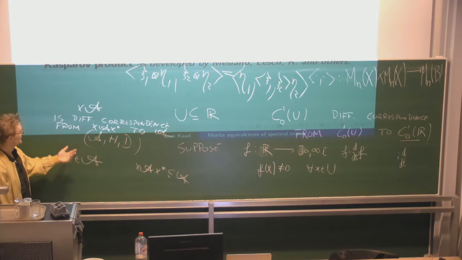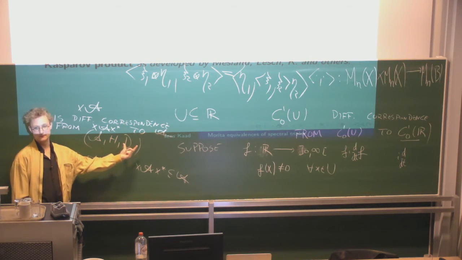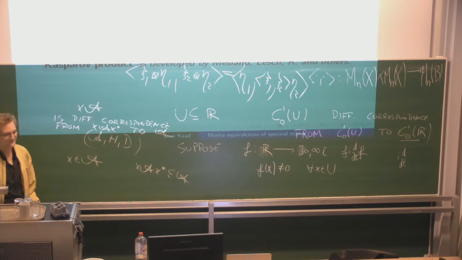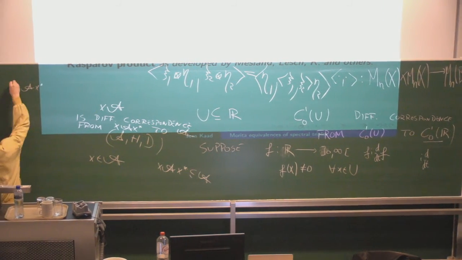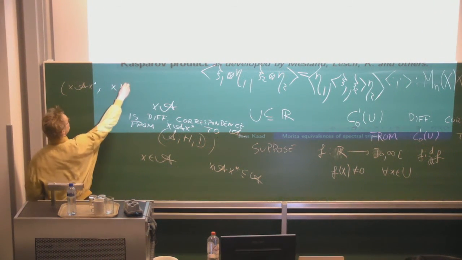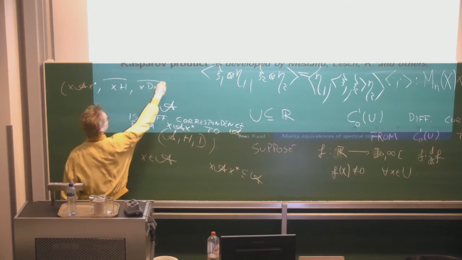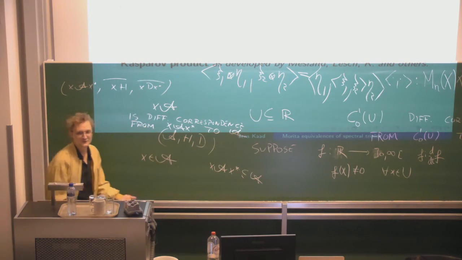The way I do it is that I just multiply D with X from the left and X star from the right. So you get a new one, which is (XAX star, XH, XDX star closure). That's a new spectral triple.